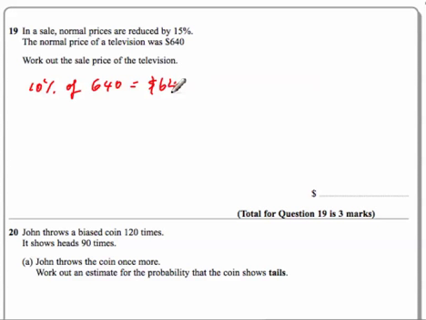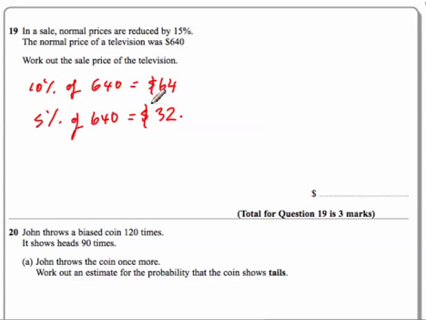Okay. Now, if 10% of $640 is $64, then 5% must be half of that, because 5% is half of 10%, isn't it? So if we halve this, we get $32, don't we?